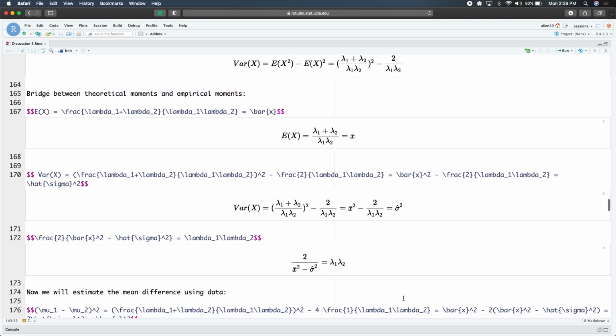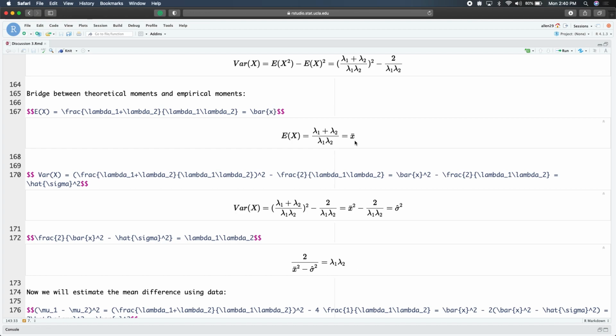And then we also find that lambda 1 multiplied by lambda 2 is equal to 2 over x bar square minus sigma square hat. So we have lambda 1 plus lambda 2 expressed in terms only of the data, and also lambda 1 multiplied by lambda 2 expressed as a function only of data. So now we have the two components that we are looking for.